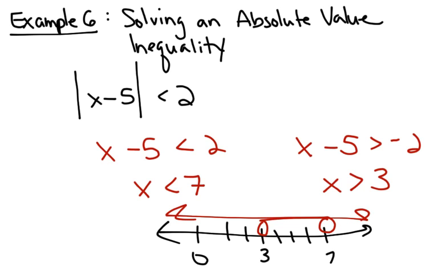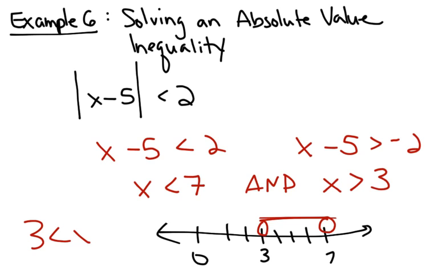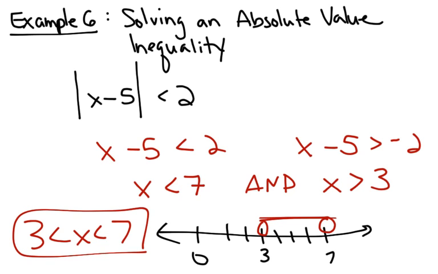What's going to happen for absolute value inequalities is that if you graph the two inequalities and they have an overlapping component, that means that this must be the graph and it's an "and" statement. And the way we usually write this is 3 is less than x is less than 7. That's our compound inequality.